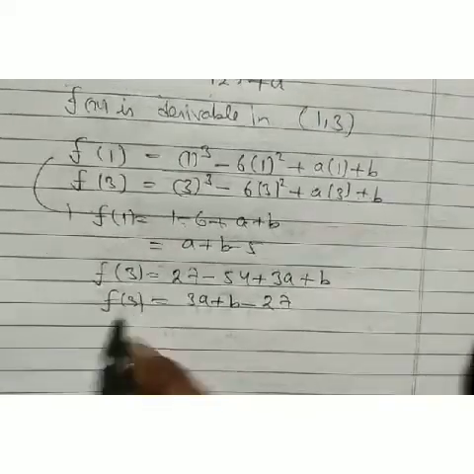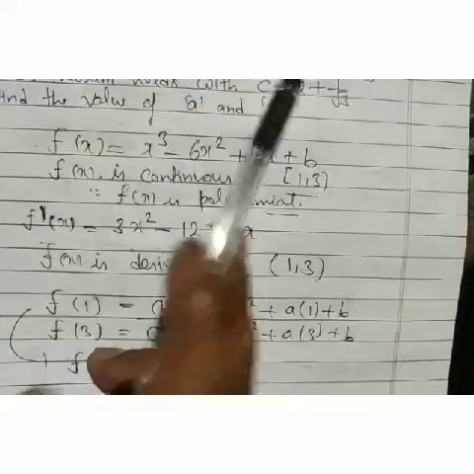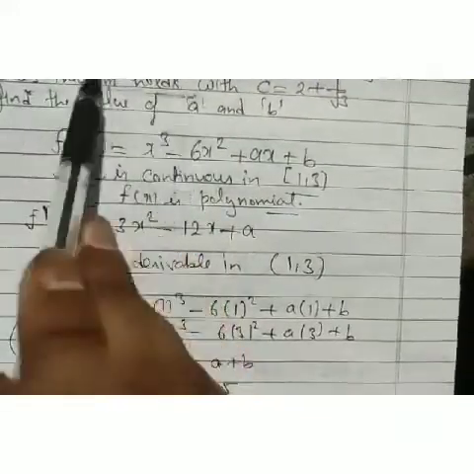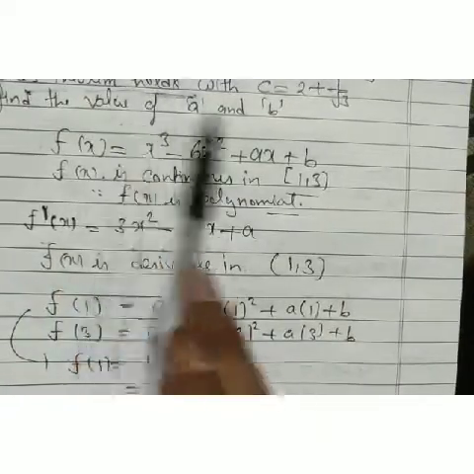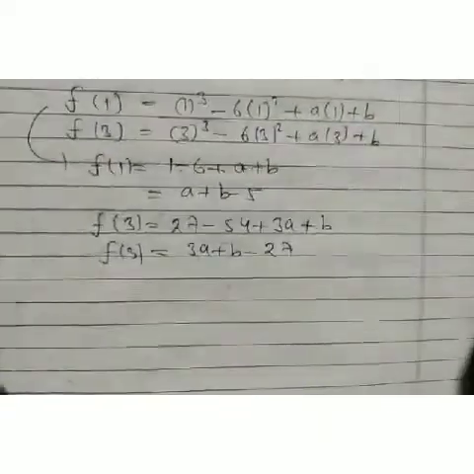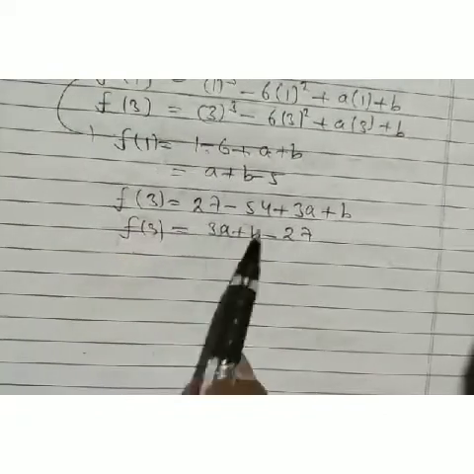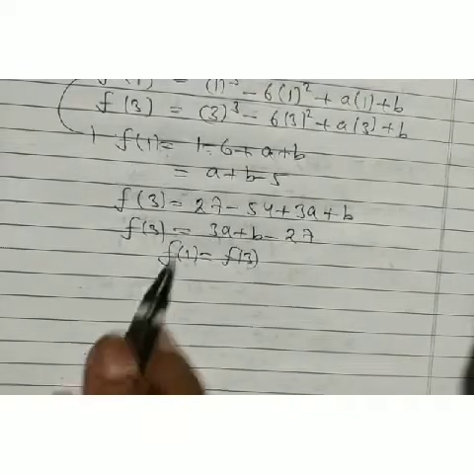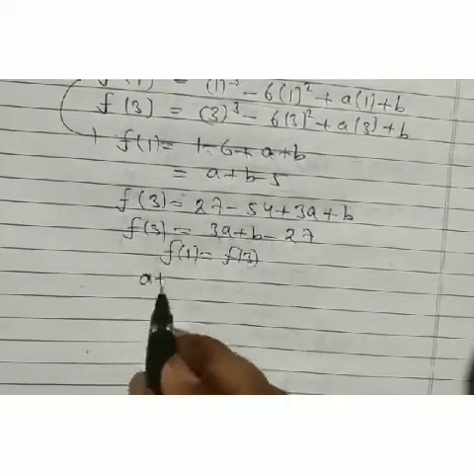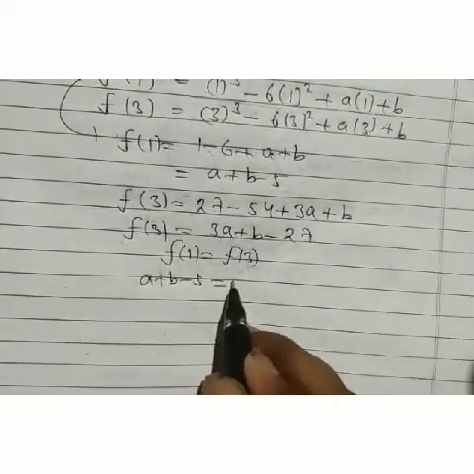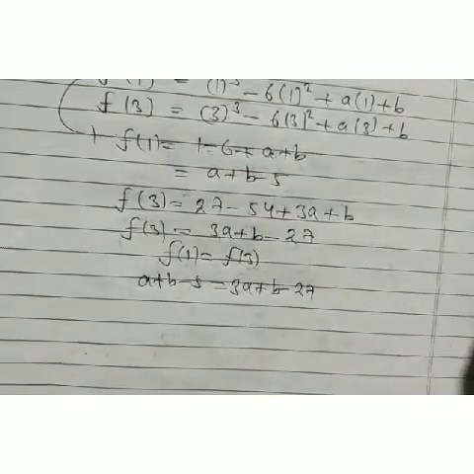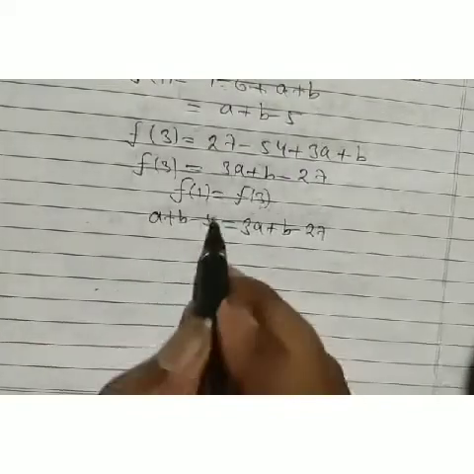This is our f(3). Now it is given that Rolle's theorem holds for the function, so f(a) equals f(b), meaning f(1) equal to f(3). So a plus b minus 5 equals 3a plus b minus 27. Then we are going to solve it.